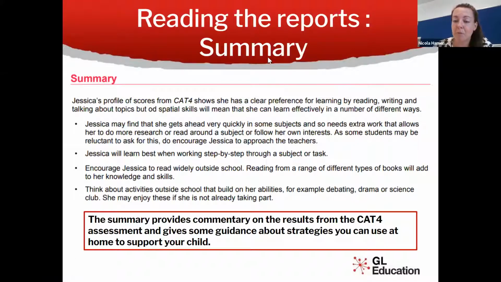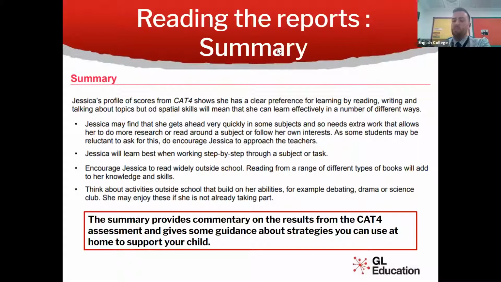So maybe we want to put Jessica through the debating club or the drama society. You know, she might really enjoy even looking at subjects like law in the future. Those subjects are really going to work well for her because that's what she finds most natural. So I think this is the really lovely bit out of the CAT4 report that gets to delve into your child a little bit further.